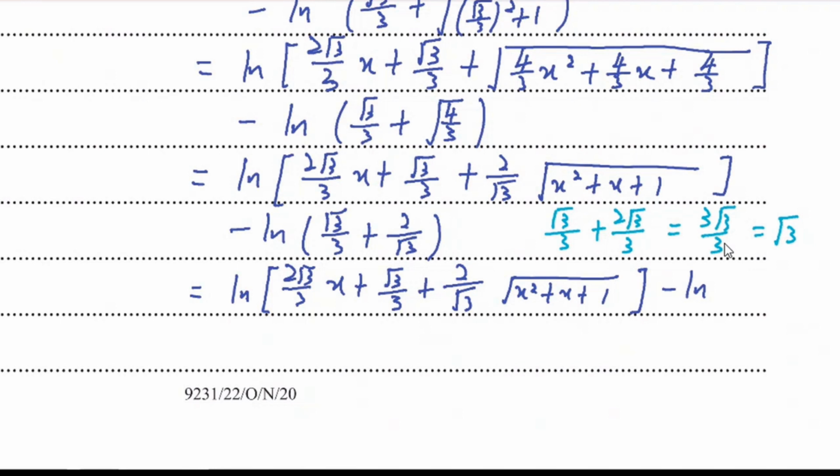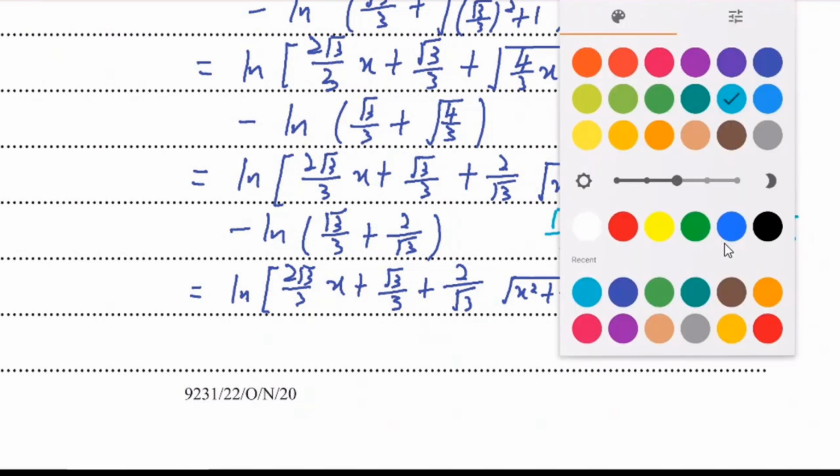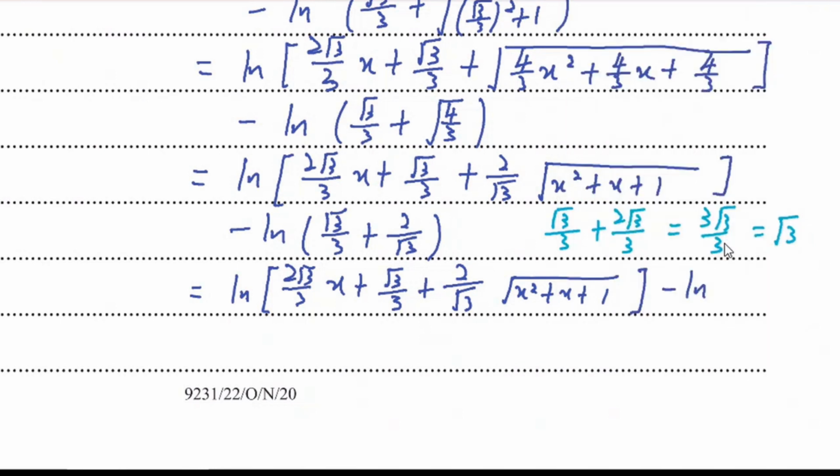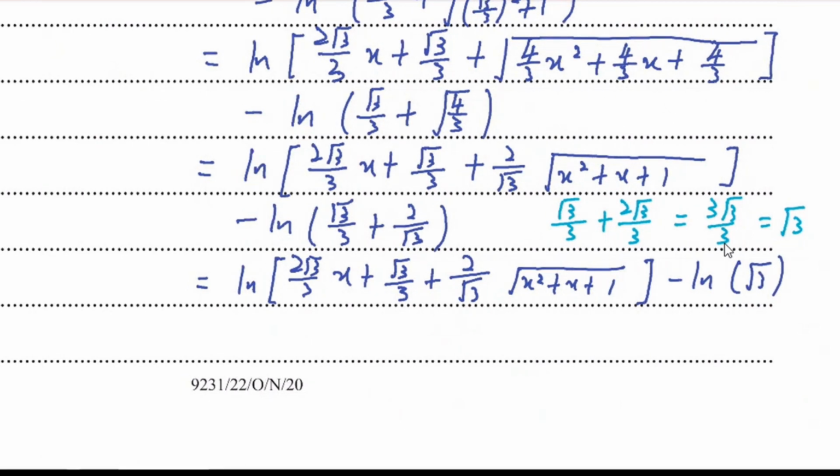So the ln of this is just √3. So √3, that we have there, means we have to divide the first term, everything, by the √3 because we're combining the ln there. So finally, this is what we get.